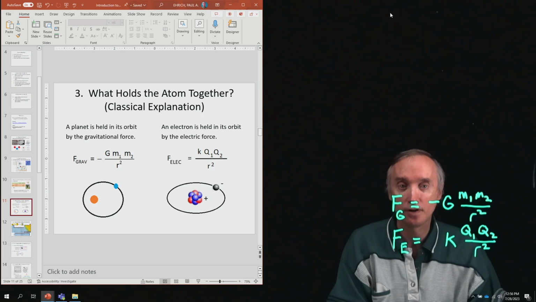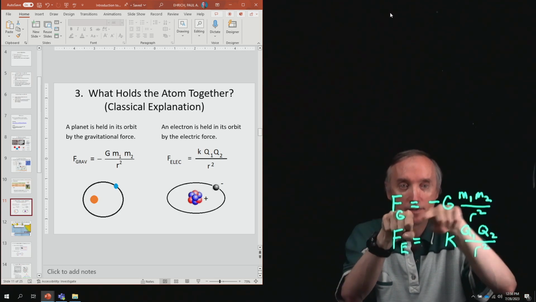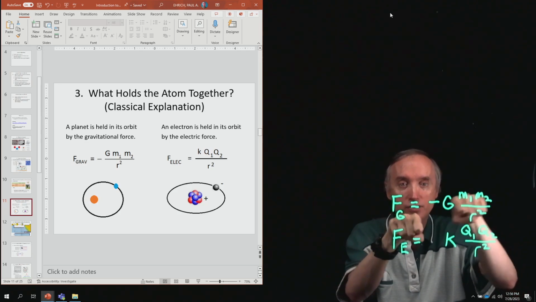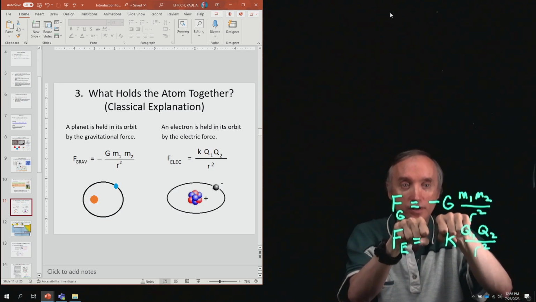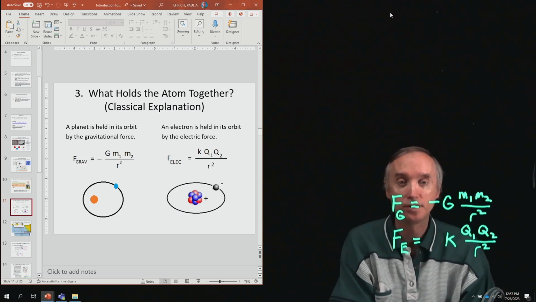And then the electrons, we said, were negative. So there are the two charges, charge 1 and charge 2, separated by a distance r, and so that electron is going to be attracted to that nucleus, and that's what's going to hold an atom together.